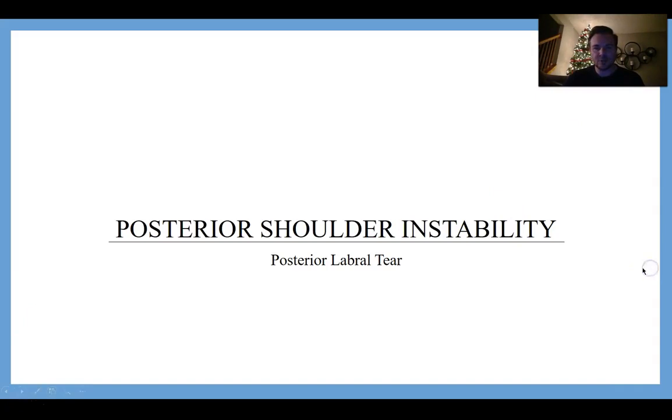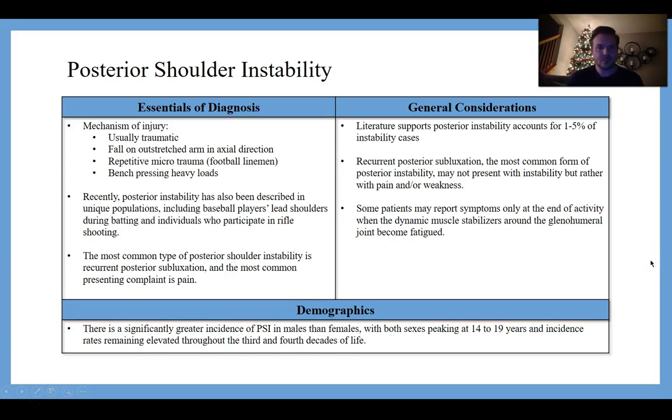All right, posterior shoulder instability. Mechanism of injury here is usually traumatic. It's a fall on an outstretched arm, but not really in an extended position, more in an axial loaded position. Or it can be due, and this is most of the cases, to repetitive microtrauma, like football linemen who have repetitive posterior axial loading of their shoulder.